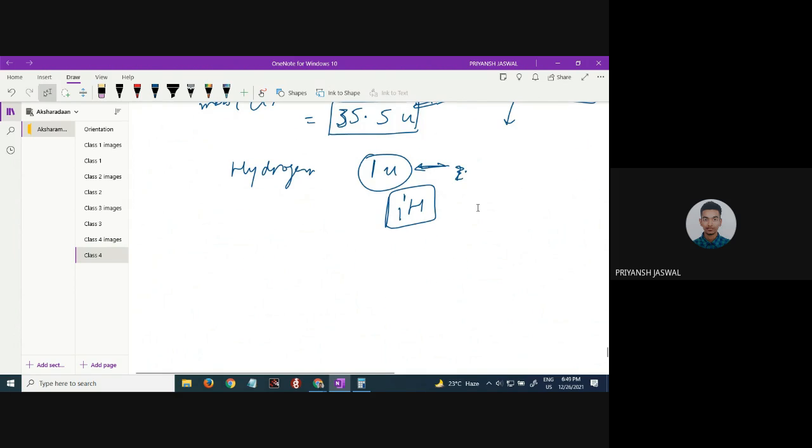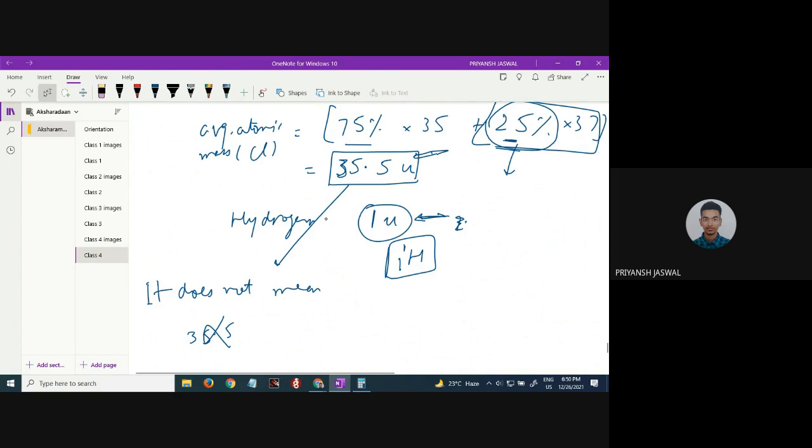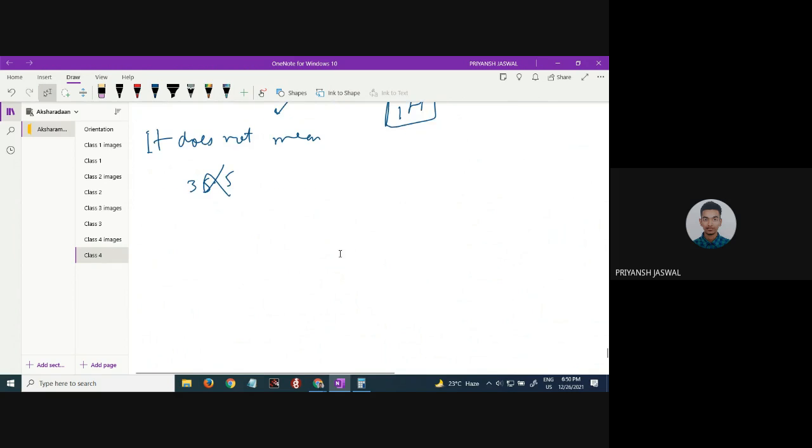But this does not mean that the mass number of chlorine is 35.5. It's just that if we take some amount of chlorine, the average mass of the atom will come out to be 35.5 U, not of a single atom.